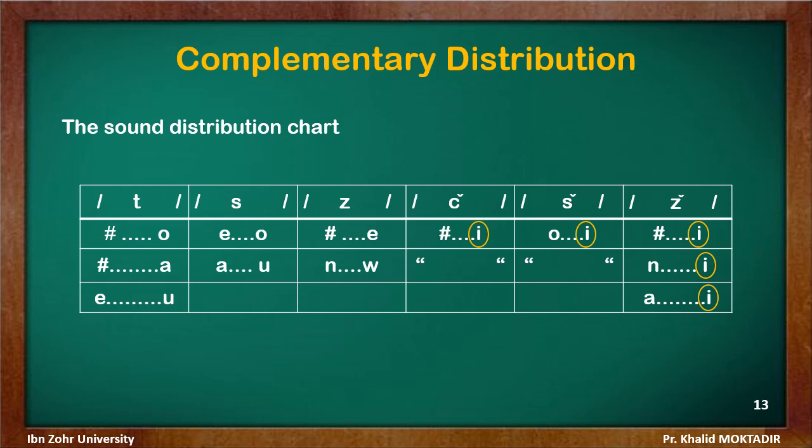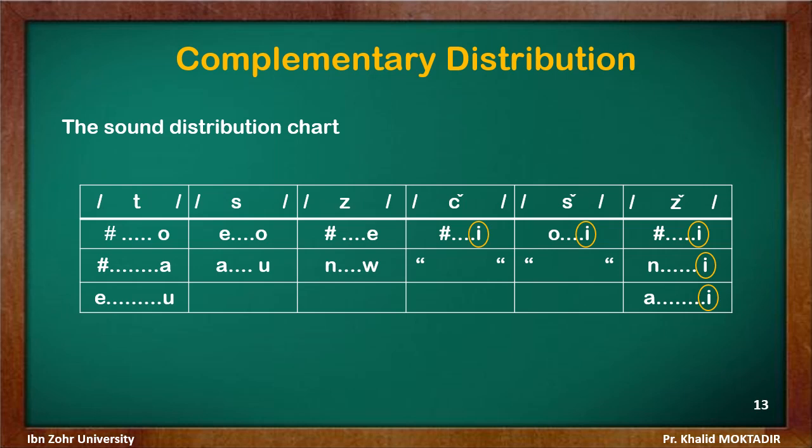Now, of course, it's quite obvious that the first variants, that's t, s, and z, occur in a variety of contexts, while the palato-alveolar variants, that's ch, sh, and j, occur in one single environment.